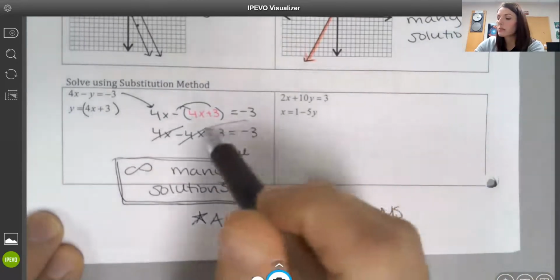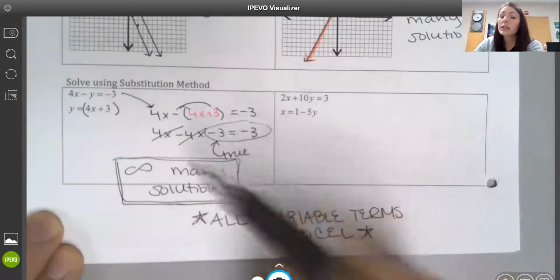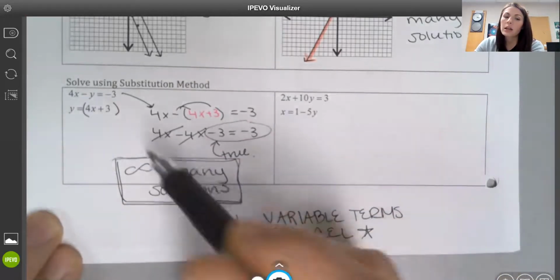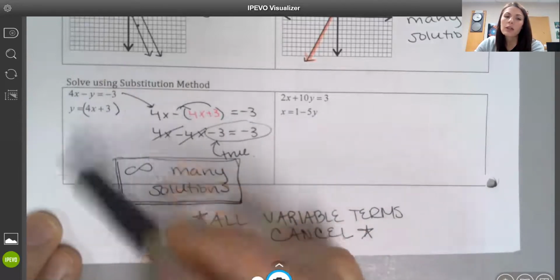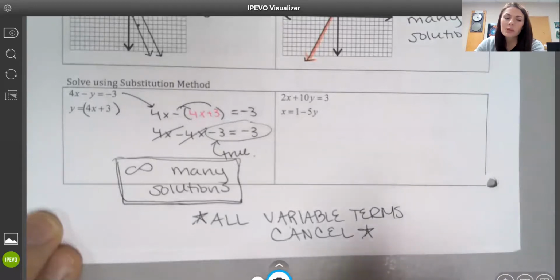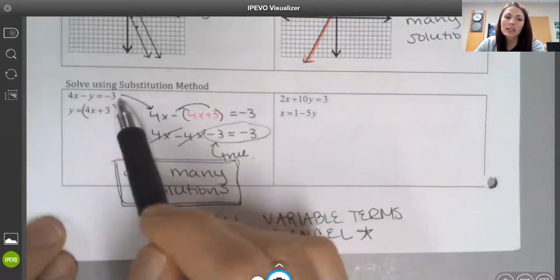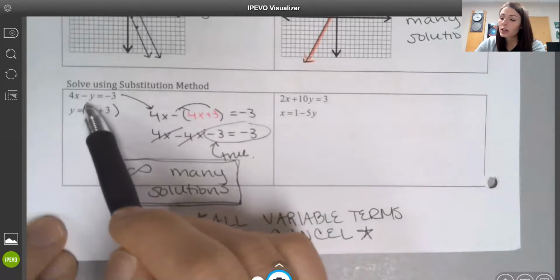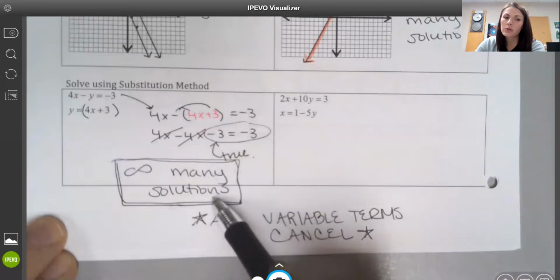I just have this statement, which happens to be a true statement, which means I could literally plug anything in here and it's going to work out okay. And I could double check it. In my mind, I would look to make sure they're parallel. Or I'm sorry, that their lines coincide, not parallel. That when I rewrite this, I would get the exact same line, which I would. I'd have 4x plus 3. So they're the same line. Every solution for one line would be one for the other.